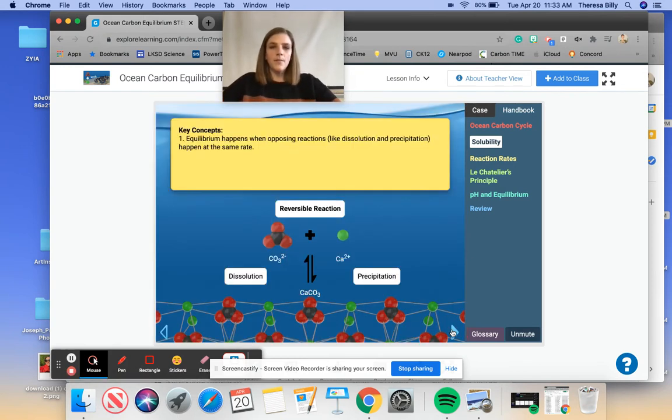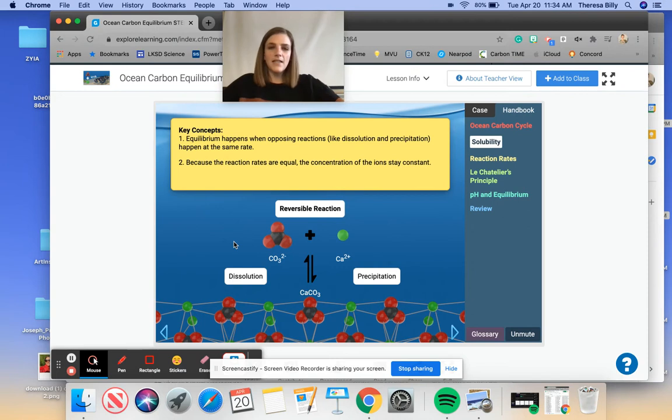Key concepts. Number one, equilibrium, that big word that we learned previously, happens when opposing reactions happen at the same rate. So the rate of dissolution is the same as the rate of precipitation. Because the rates are the same, they're going at the same speed, and we call that equilibrium.